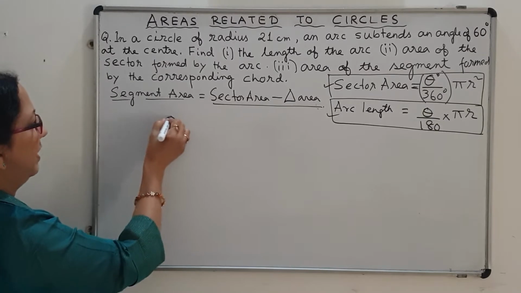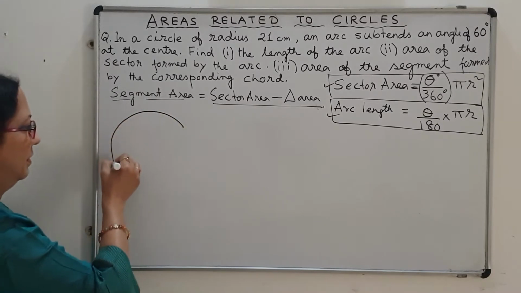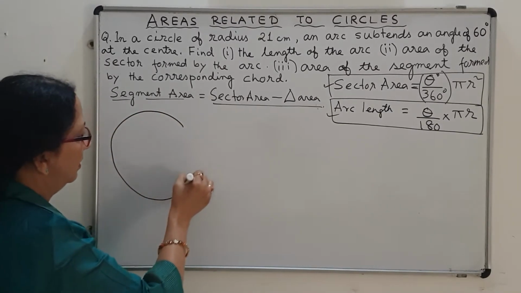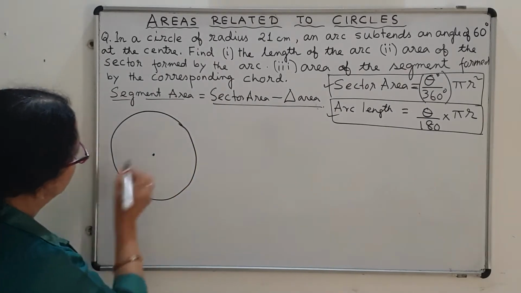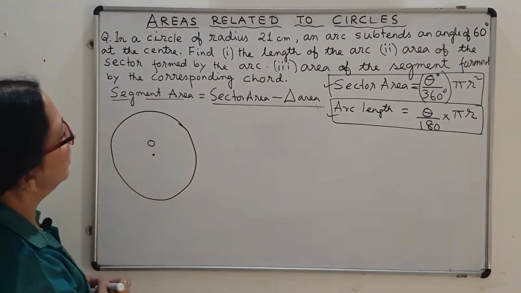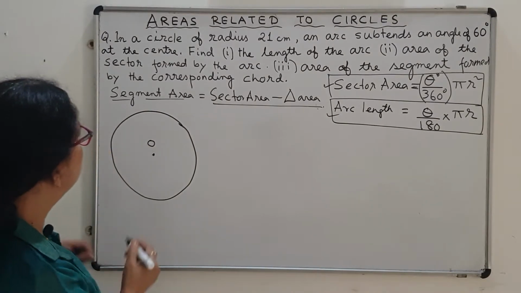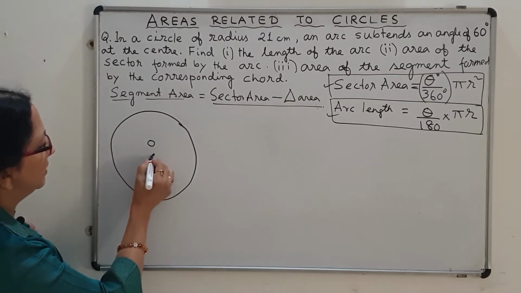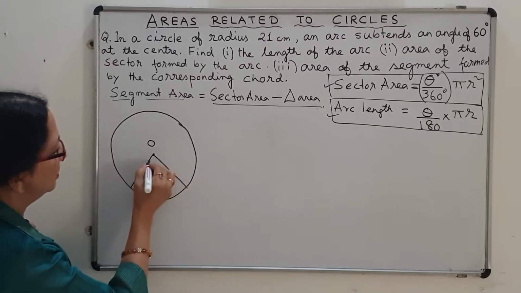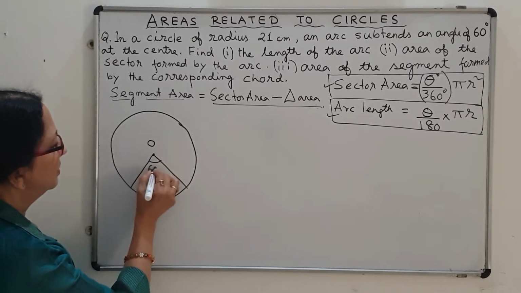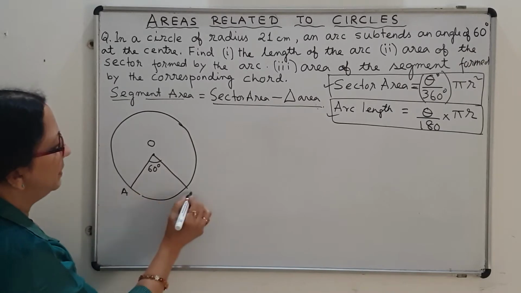So you see, let me draw the circle. Okay. So this is the center, say O, and the arc subtends 60 degrees. So let me draw it like this, approximately 60. So this is 60 degree, and let the arc be AB.